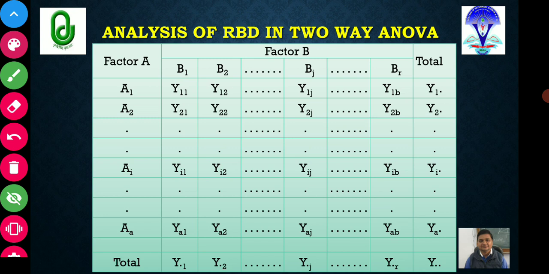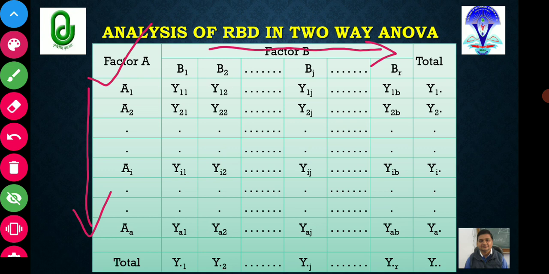On the left-hand side, in column 1, factor A, you can consider it as breed, and column-wise you can see factor B, which you can consider as feed as per our example. So there will be R number of feeds, F1, or here you have written B1, B2, up to Bj, and it will go up to Br.